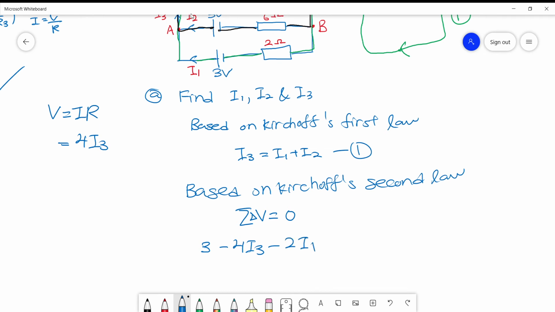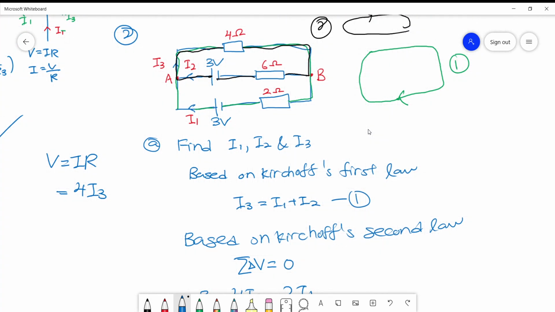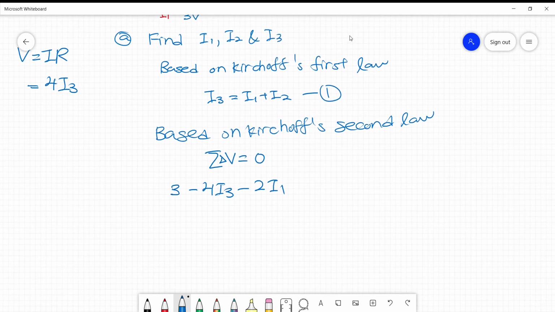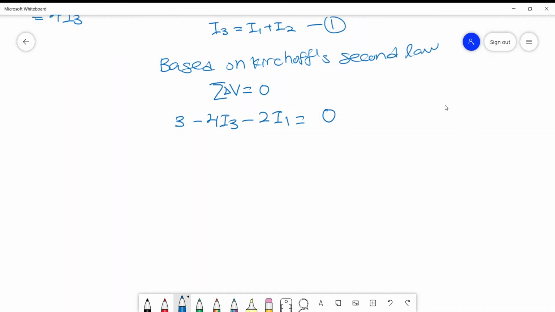Okay, so double check again whether there is something that we missed. Passing through the 4 ohm resistor, and finally the 2 ohm resistor. I think that's all for the first equation, and it equals 0.